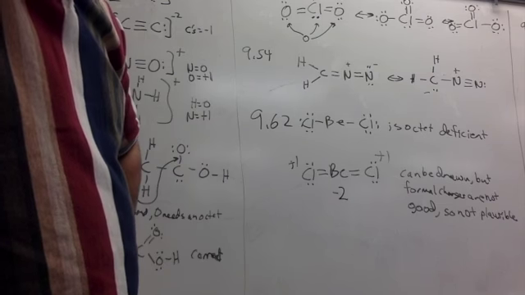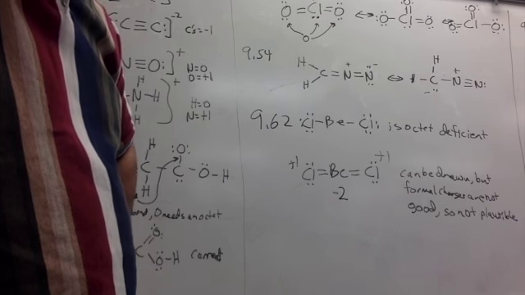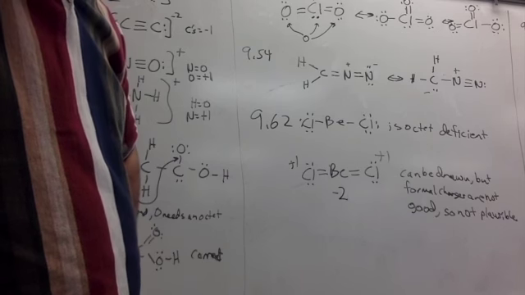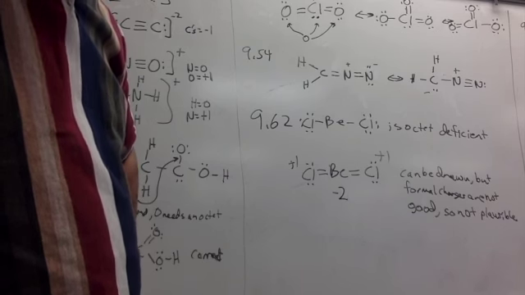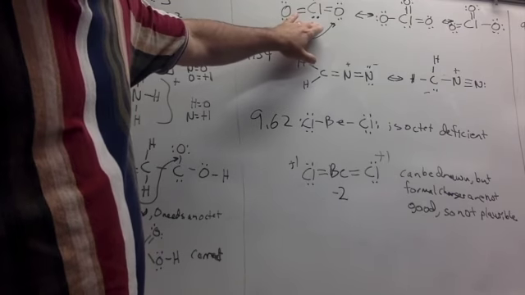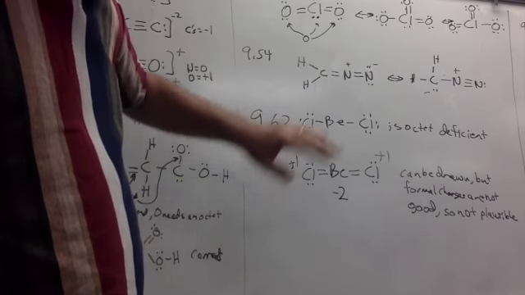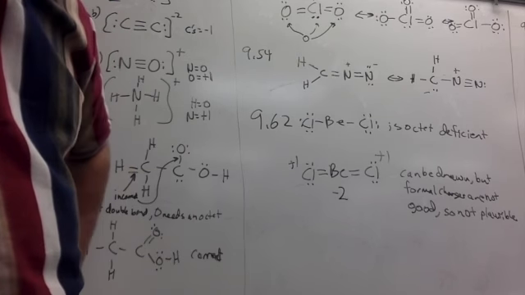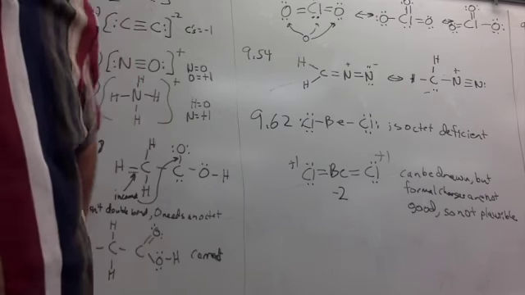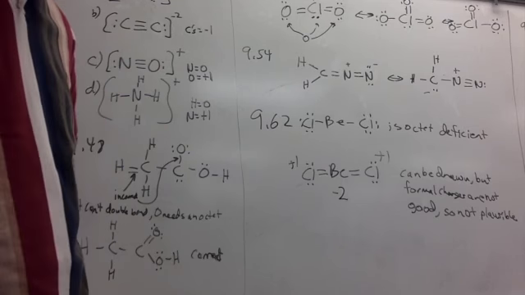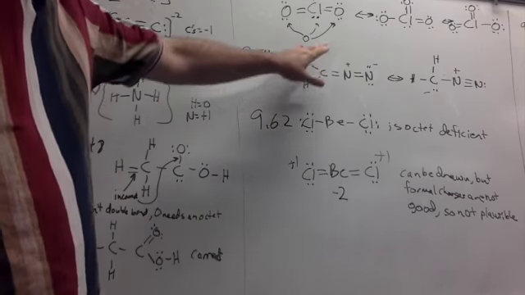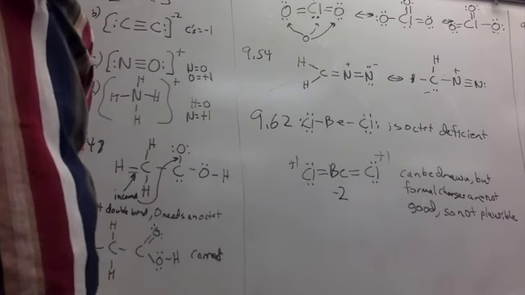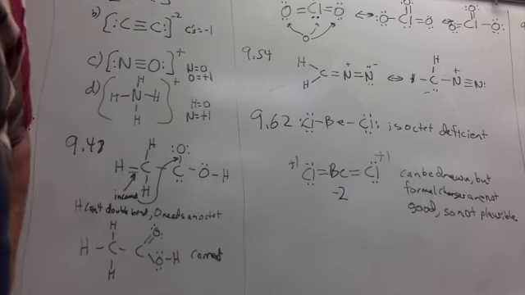Now here's a case where to get the proper formal charges, to get the chlorines and oxygens as many as possible to have 0 formal charge, we do expand the octet of chlorine and give chlorine 10 electrons. But this actually improves the formal charges. So you end up with 3 Lewis structures, 3 resonance structures for chlorate.